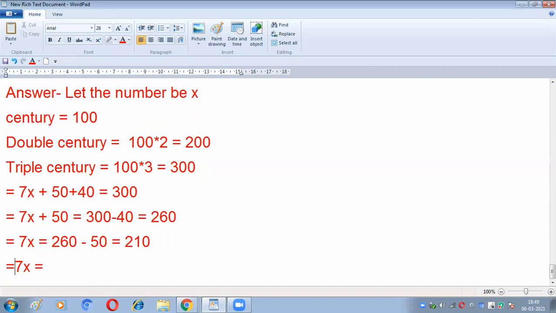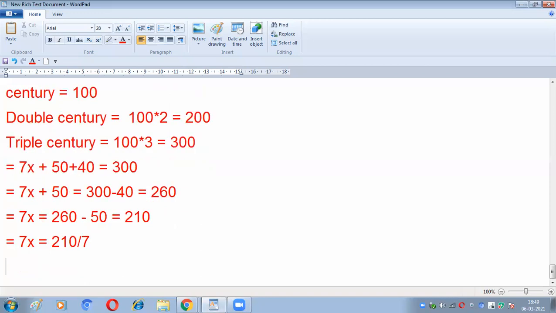Okay, so now you can simply solve this. 7x is equal to 210, and now this 7 will move to the right hand side with the sign of what? Division. That means 210 upon 7. So we can write it as x is equal to how much? 210 divided by 7.